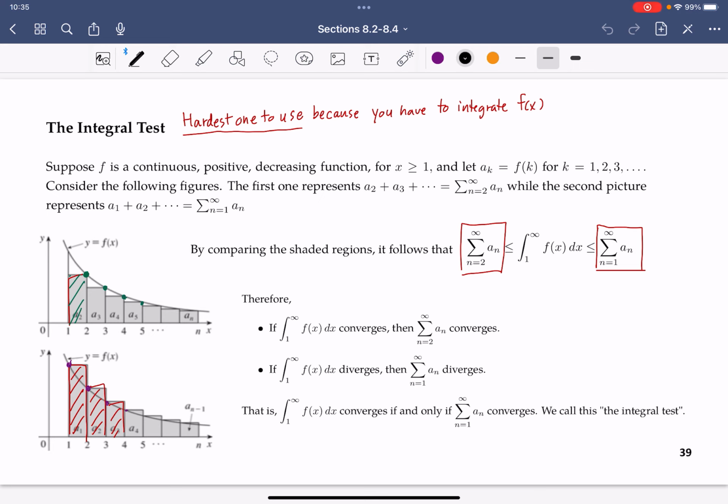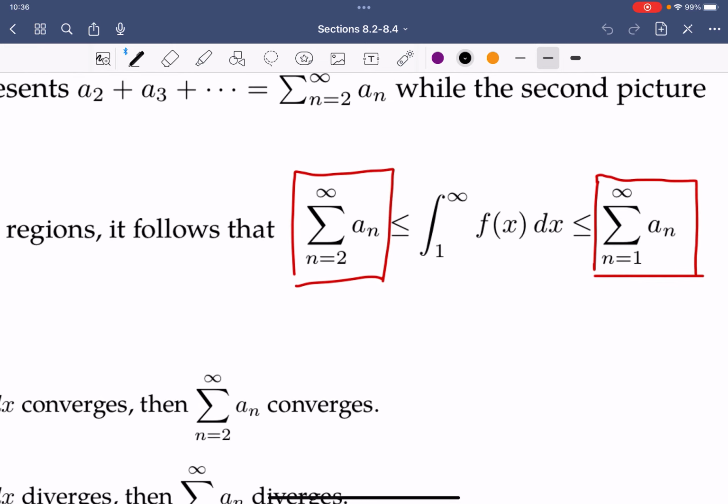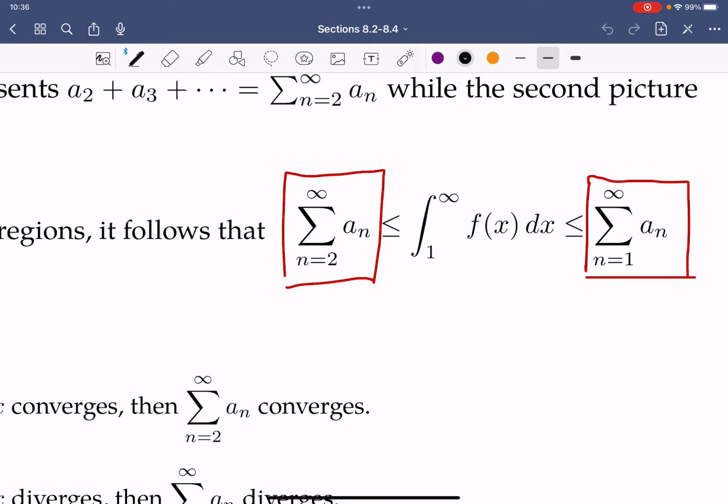Last time I told you that the integral test is hard to use, so people try to avoid it. But it is a good one that lets us relate the series and the integral together. The idea is that if you have a function defined to be the same thing with a subscript k, then the integral from 1 to infinity is in between the summation from n equal to 1 to infinity and the summation from n equal to 2 to infinity.